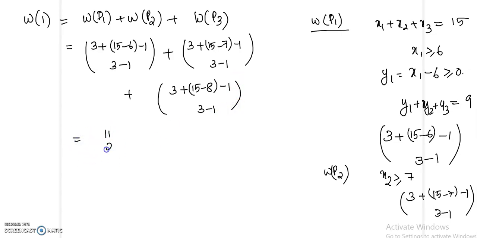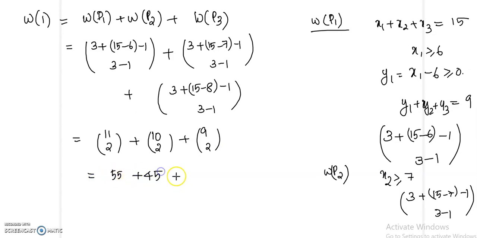So that is 11 c 2 plus 10 c 2 plus 9 c 2. So this will be 55, that's 10 c 2 is 45, and this is 36. So we again get 136.